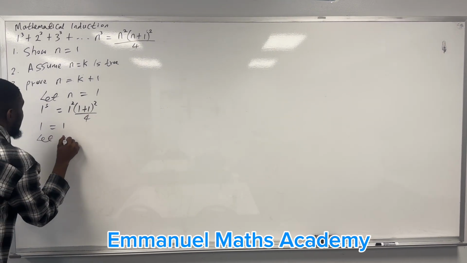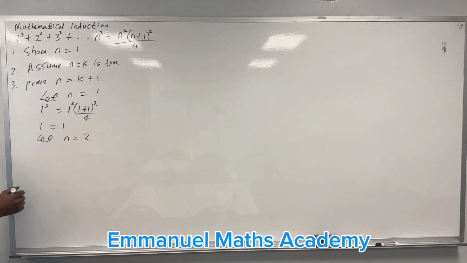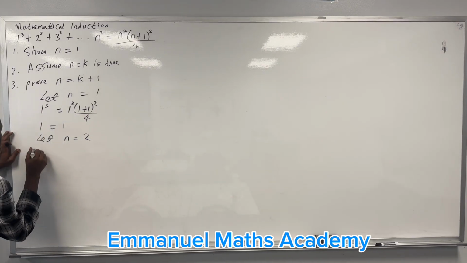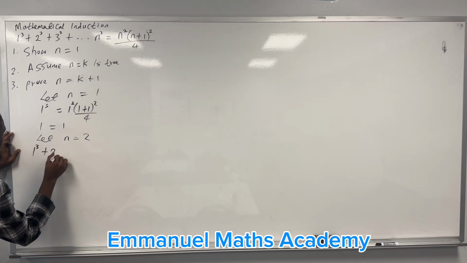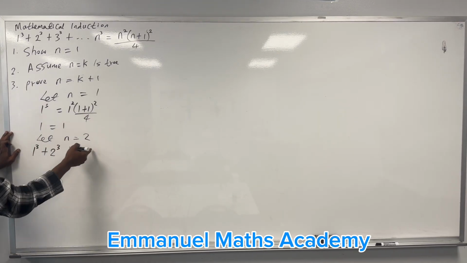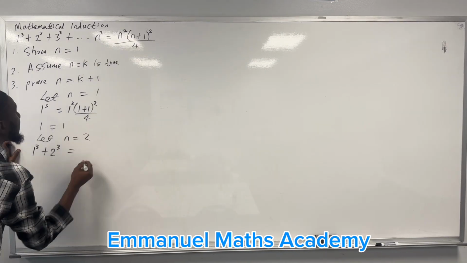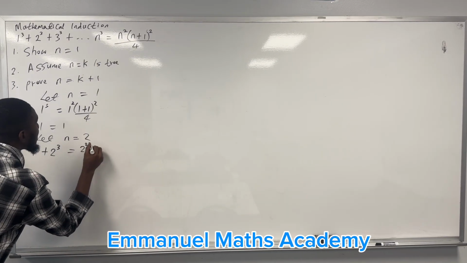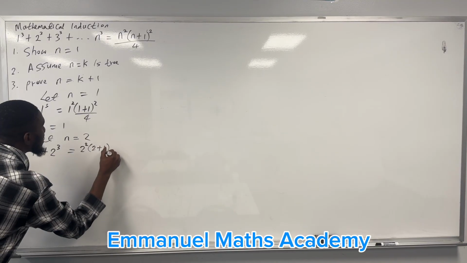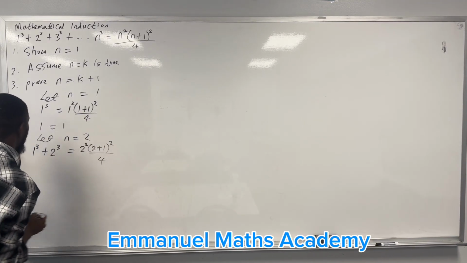We have let n equal to 2. So n equal to 2 means adding up the first two terms, right? We have what? 1 power 3 plus 2 power 3 equal to, we now substitute the value of n as 2 on the right hand side. Here we have 2 raised to power 2, 2 plus 1 power 2 over 4. Right?